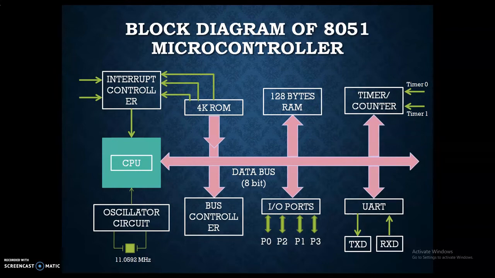We cannot write something inside the ROM, right? We can write inside RAM because it is random access memory, but inside the ROM we cannot write anything. Only the CPU can read from it. So this unidirectional path is there. This is very important in this block diagram of the 8051 microcontroller, so please keep in mind. So perhaps this block diagram is clear.